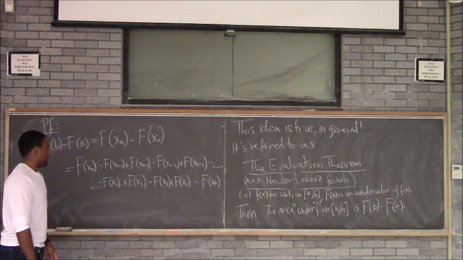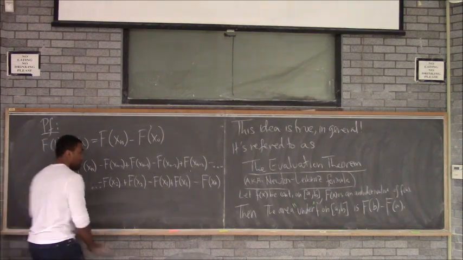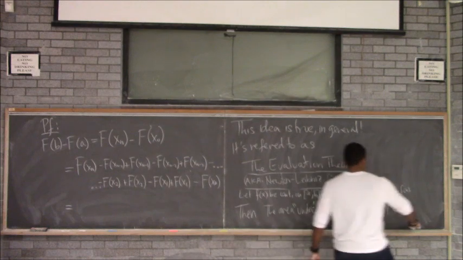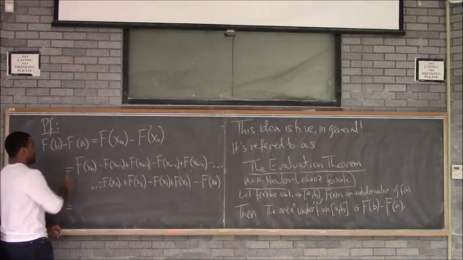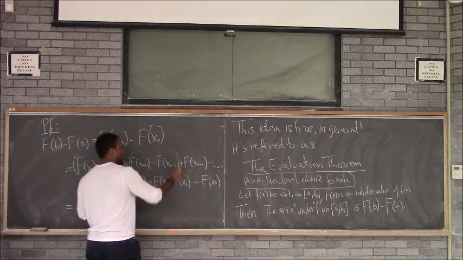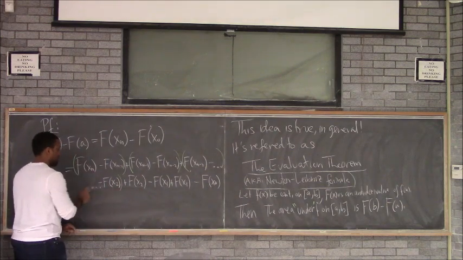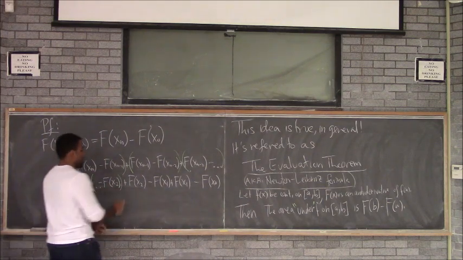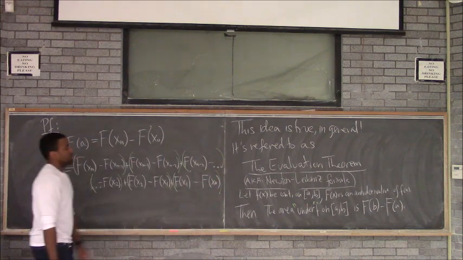And now I'm going to think of them in certain pairs. So consider that pair, and that pair, and there's that pair, and there's going to be that pair, and this pair, and this pair.